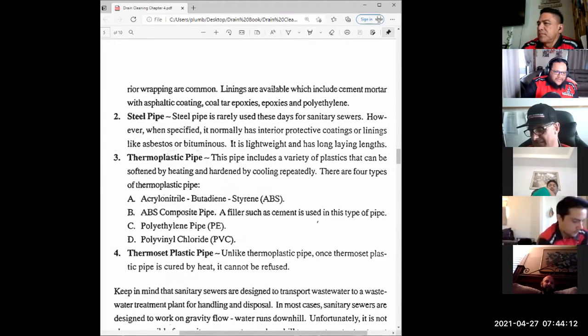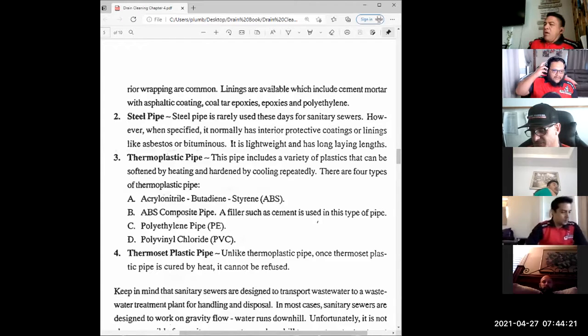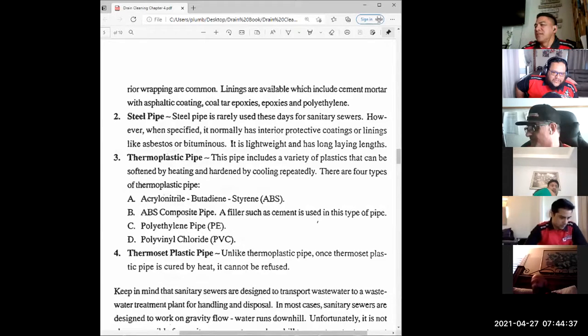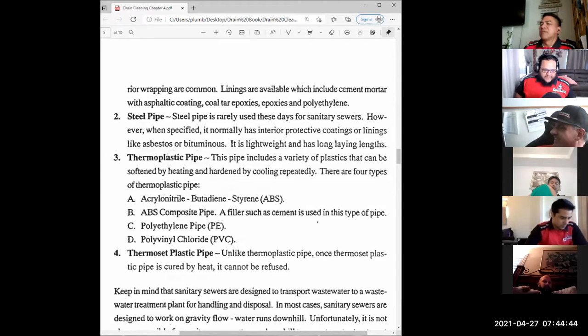And then moving on to number 3, thermoplastic pipe. The pipe includes a variety of plastics that can be softened by heating and hardened by cooling repeatedly. There are 4 types of thermoplastic pipe: the acrylonitrile butadiene styrene, which is ABS; ABS composite pipe, where a filler such as cement is used; the polyethylene pipe, which is PE; and the polyvinyl chloride pipe, PVC.